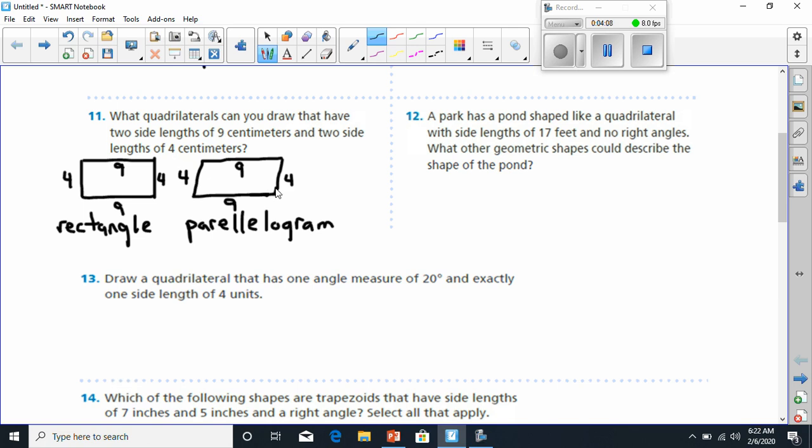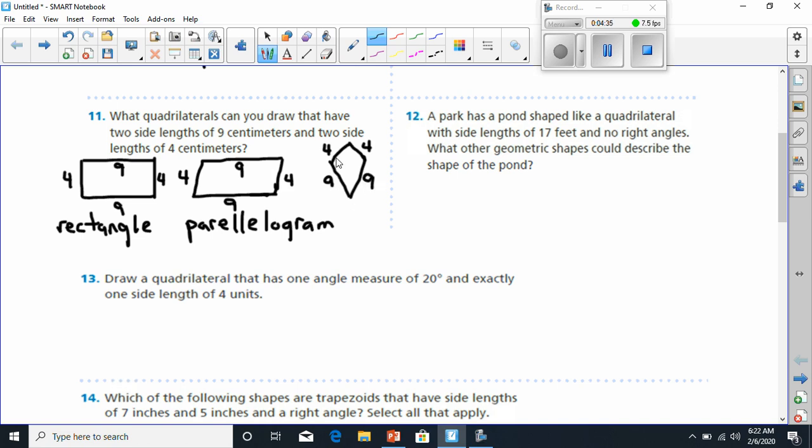I would say we could also go with, I think a kite might fit this description, because a kite could have 2 sides at the top that could be 4, and then 2 sides at the bottom would be 9.